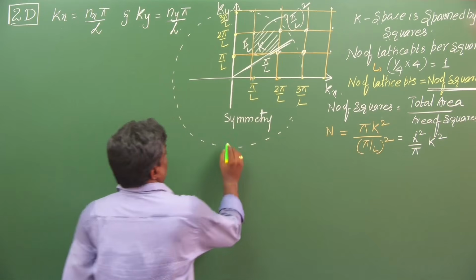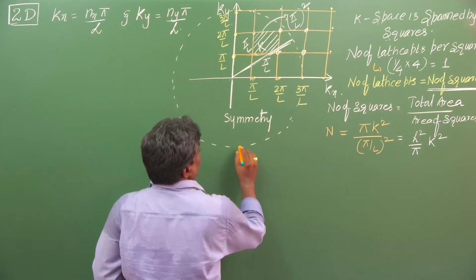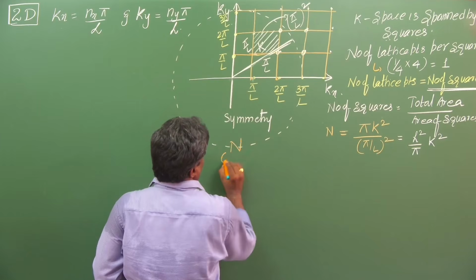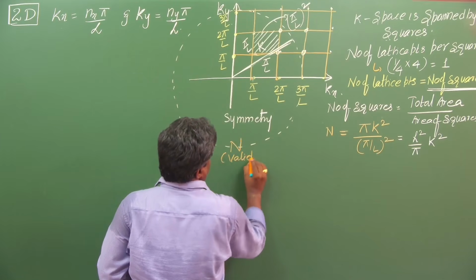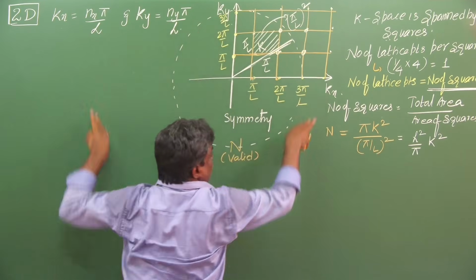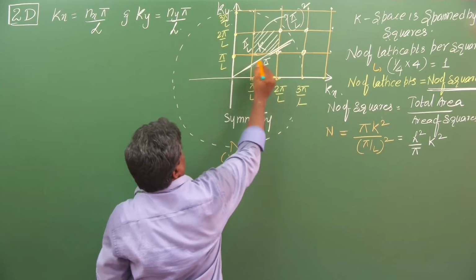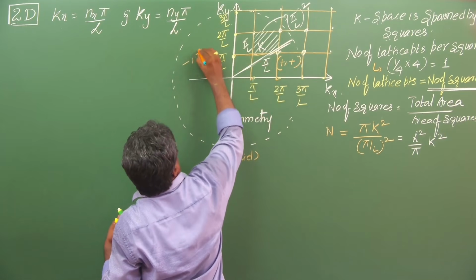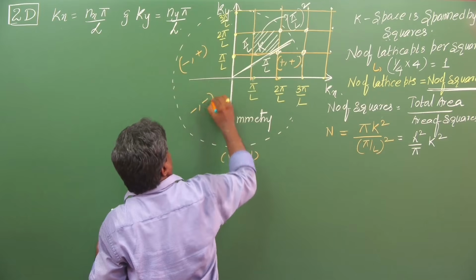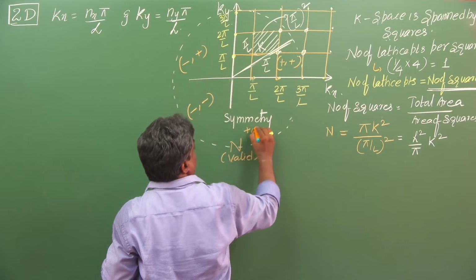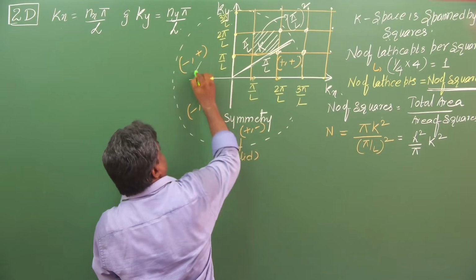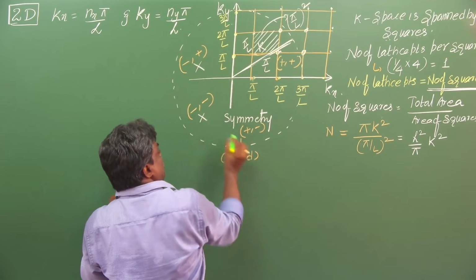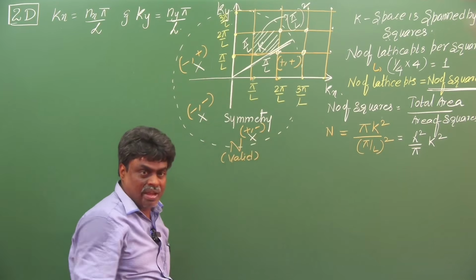But I want the number valid. You have considered throughout the circle, but here kx and ky both need to be positive; negative, positive, negative, negative, positive combinations are not valid.